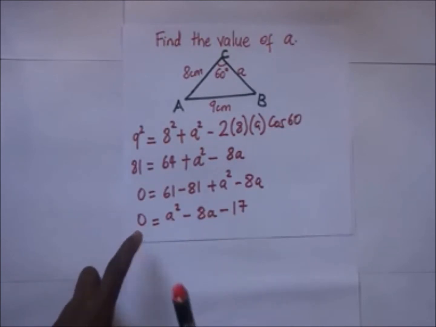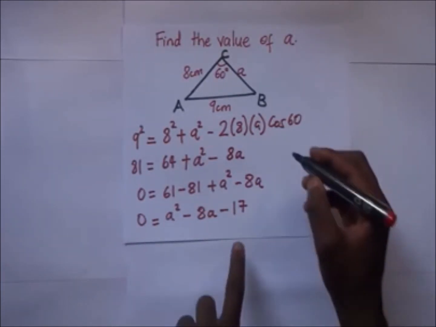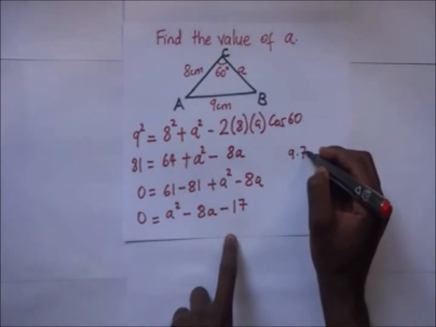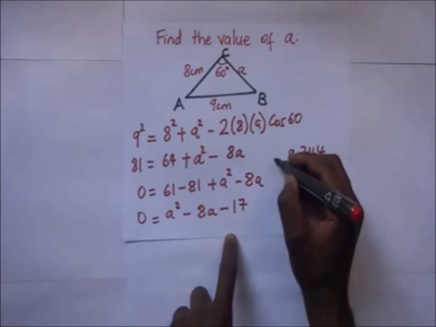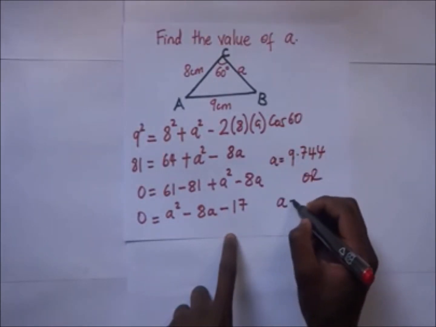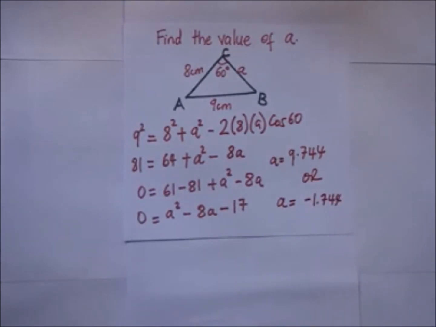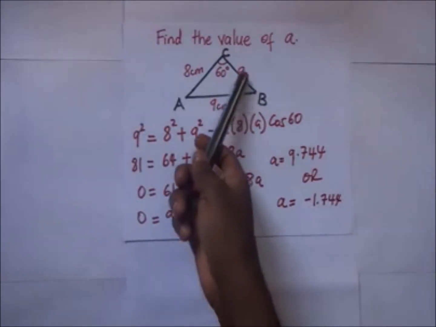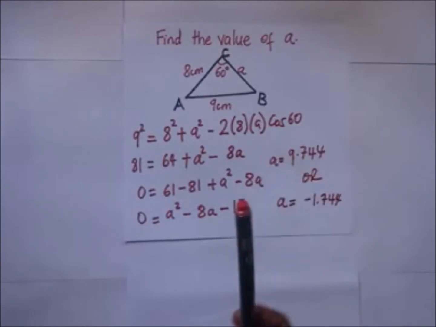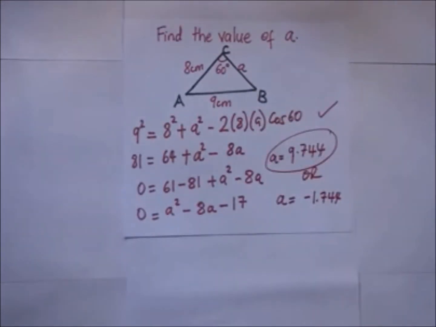Now when you solve this quadratic equation, of course we're going to get two answers. We're going to get 9.744, that is our value of a, or the second value of a will be negative 1.744. But since we are looking for a length, we shall take the positive value. So this will become our answer for the value of a.